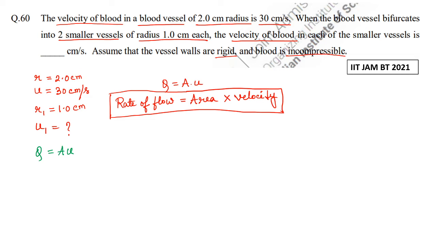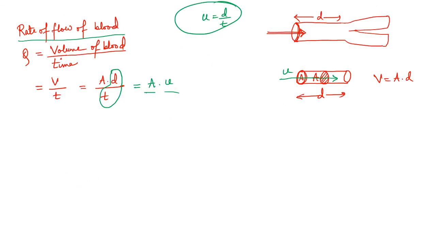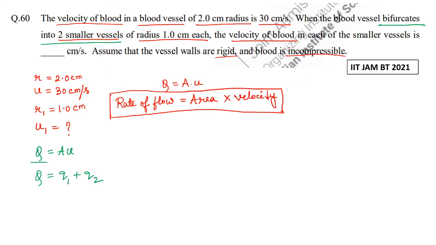Now, when it bifurcates into two smaller vessels, if it is Q initially, then Q is equal to Q1 plus Q2, right? How does it become this? You can get it from this analysis. If you cannot understand how I take Q equal Q1 plus Q2, that is the rate of flow in the smaller vessels.